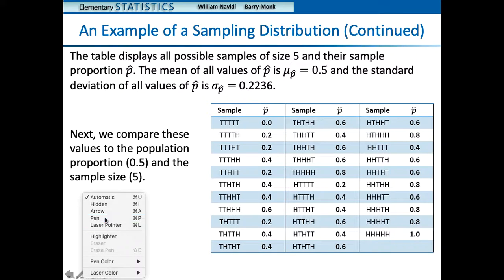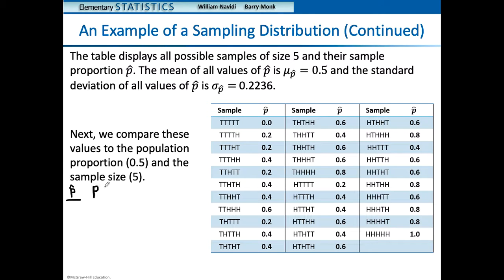So a probability distribution would look something like this. We'd have a list of the random variables. Now we're going to call this list p hat because the random variable in this case is the sample proportions. And then over here we'd have the probabilities of each of those values actually occurring.